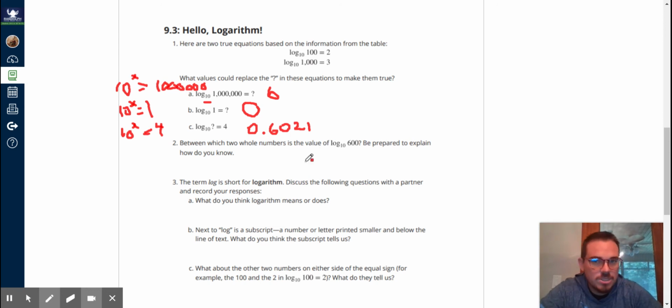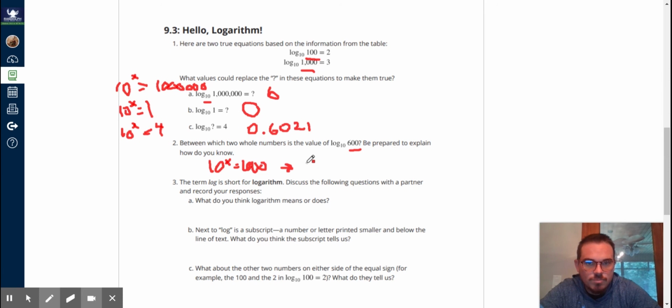Now let me just backtrack for a second. Don't go back to the table just yet. If I come up here and I look at 600, and then I go to maybe this right here on 9.3, and we see 100 and 1,000. Notice that 600 is between 100 and 1,000. So which two whole numbers would the log 10, or what would the value of x need to be in order to make this 600?